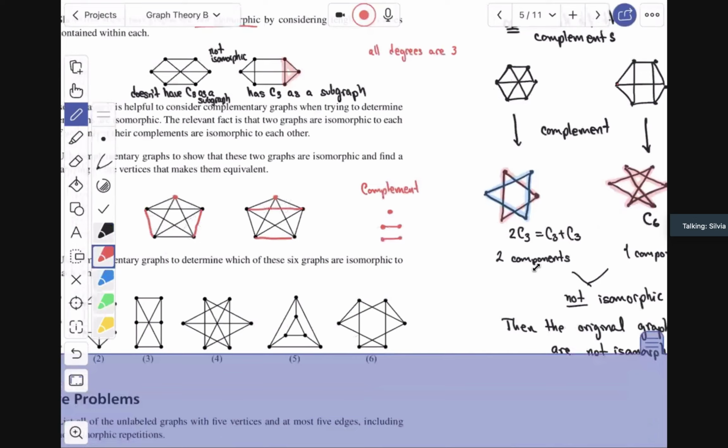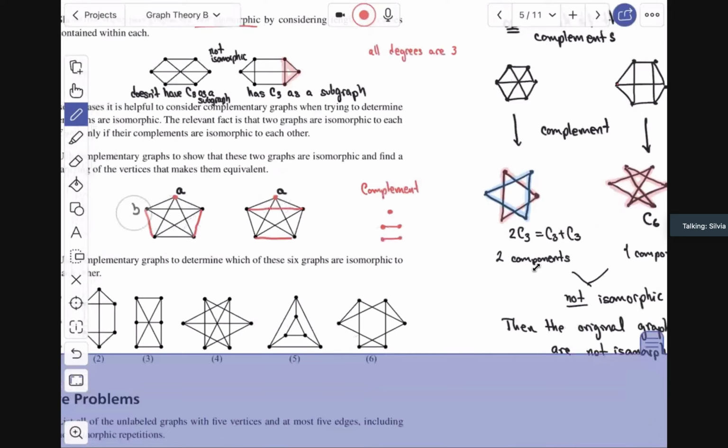So maybe drawn in a different way, but you see, isomorphism means that they're essentially the same. And even though they are drawn in different ways, definitely this vertex goes to that vertex because that's the one that is isolated.